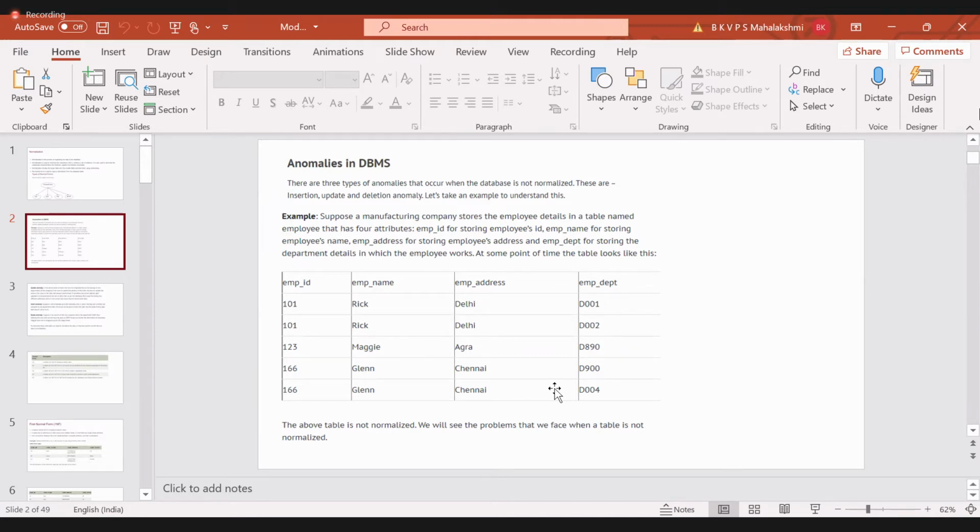Because if you are assigned to a project, then they can go through your profile. If you have not done any work, then what is the use of storing data about you in the database? Even though you are an employee, you are not currently assigned to a project, and you may be under a training period or in some other work. So in that position also we have an insert anomaly.